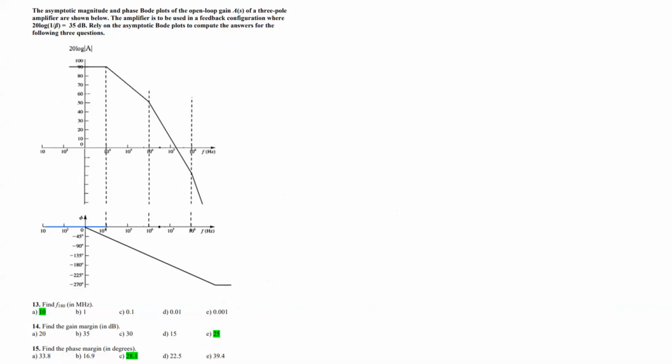The amplifier is to be used in a feedback configuration where 20 log 1 over beta equals 35 dB. So first we need to draw 20 log 1 over beta, which is 35 dB. Rely on the asymptotic plot to compute the answers. Find the F180.